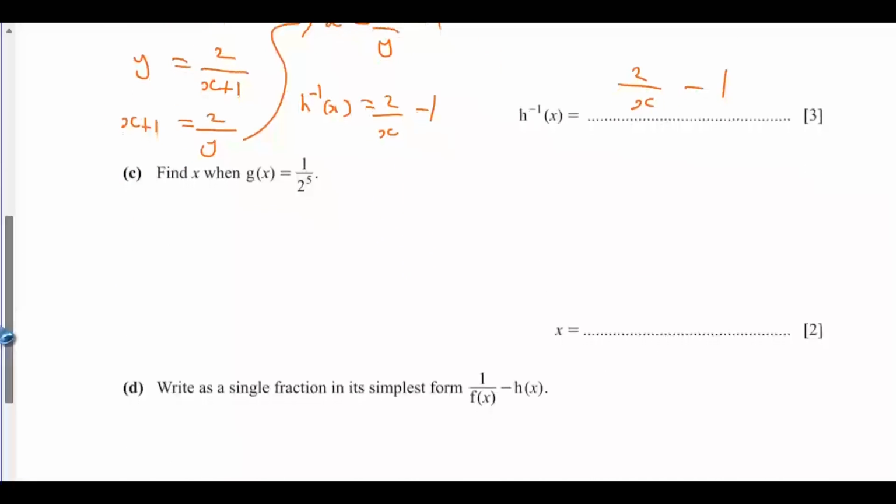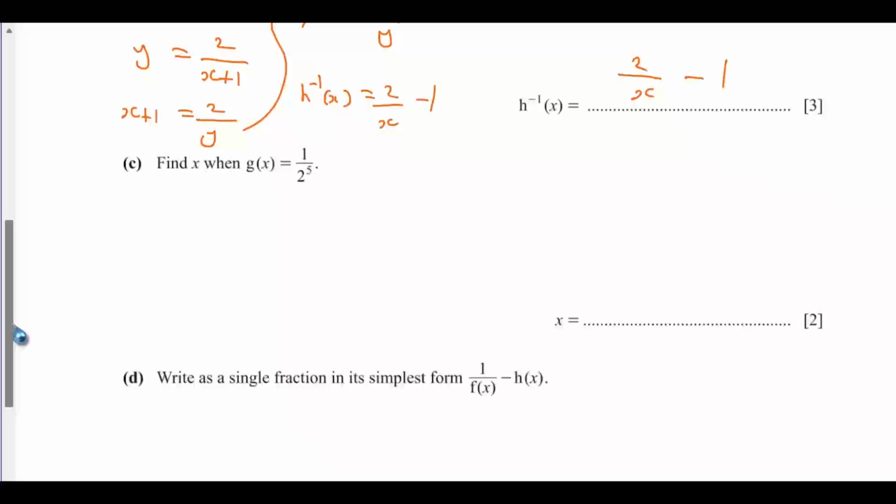Find x when g of x equals 1 over 2 to the power of 5. We know that g of x equals 64 to the power of x. So if g of x is now 1 over 2 to the power of 5, that means we have 1 over 2 to the power of 5 equal to 64 to the power of x.